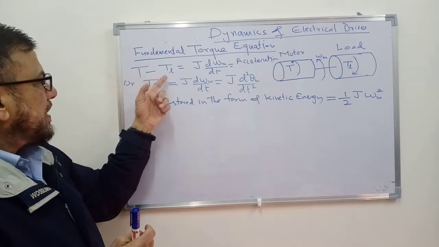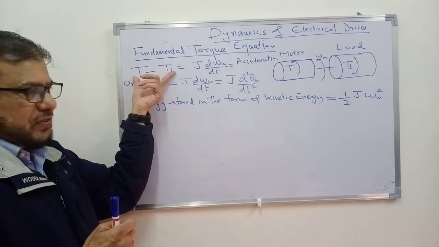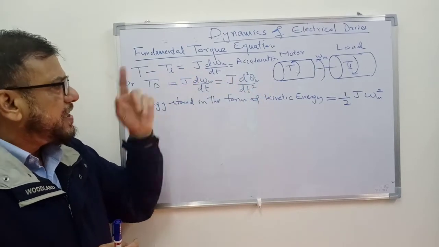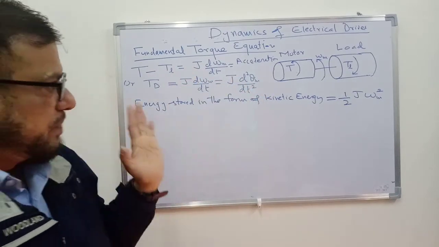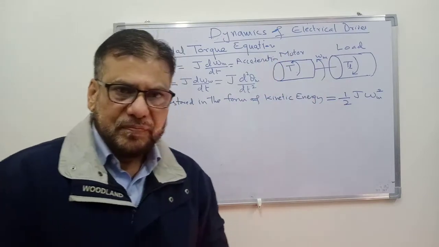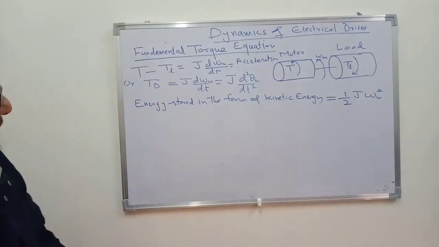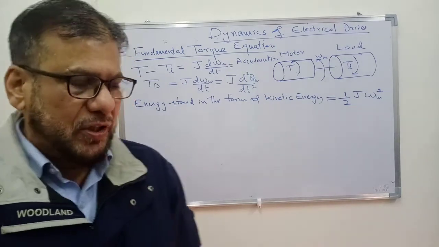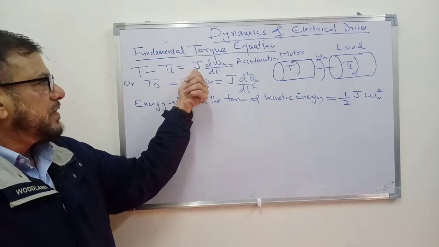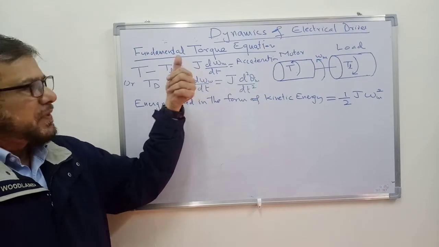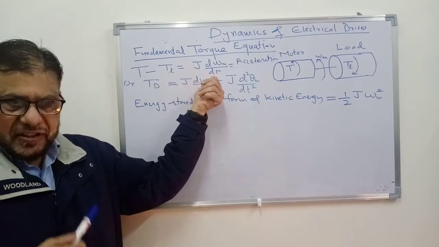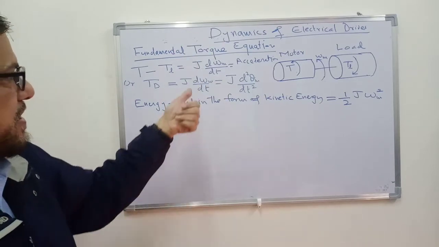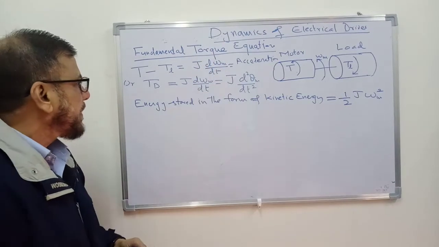So this is T minus TL, the net torque acting on the system, equal to J times angular acceleration. Here J is the moment of inertia of the system, that is motor load system. It will be in kg meter square. So in relation to the linear motion, in place of mass now we have moment of inertia. In place of linear acceleration a, we have here angular acceleration d omega m over dt.